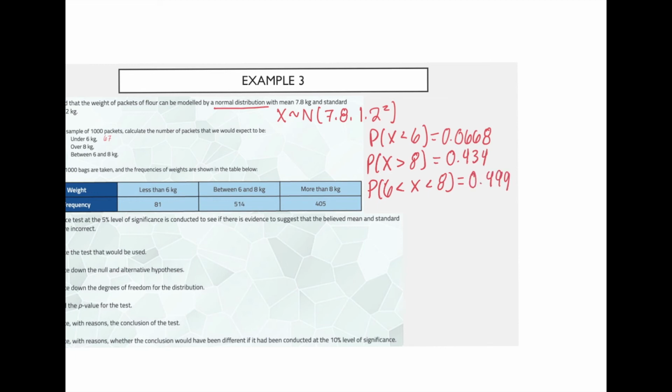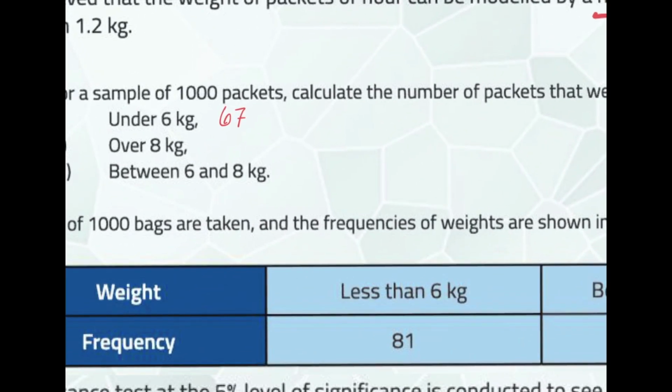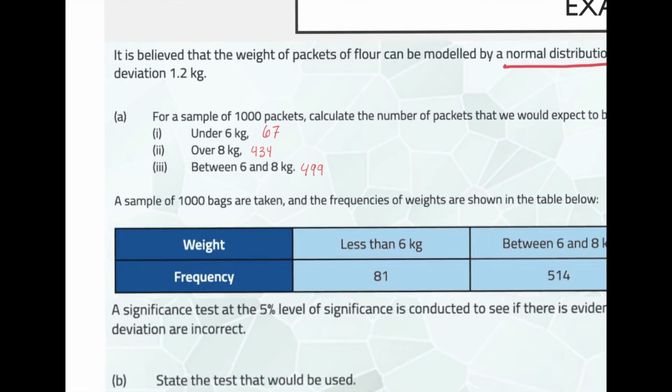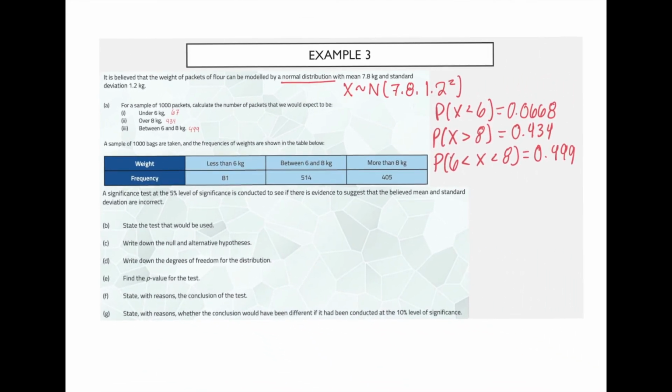So if we round to the nearest whole number, we are expecting to have 434 that are over 8 and 499 that are between 6 and 8. So that's how we do the first question here.